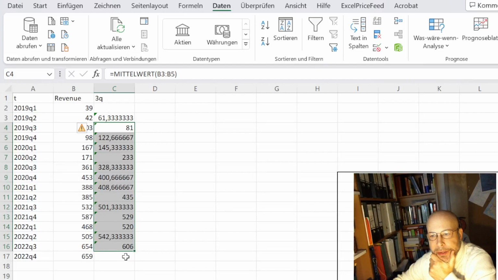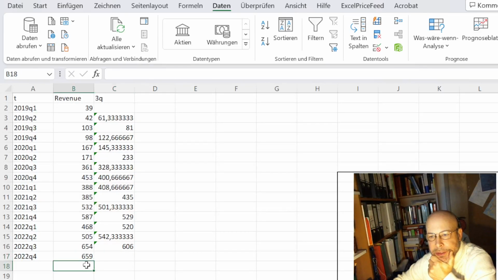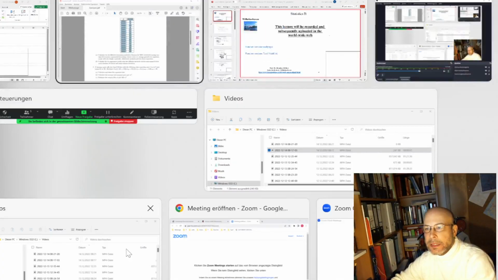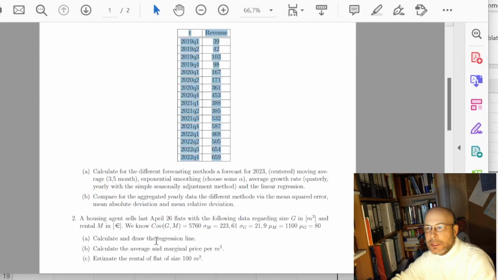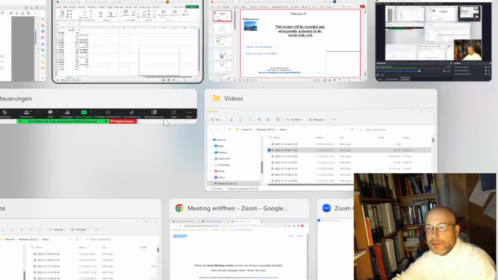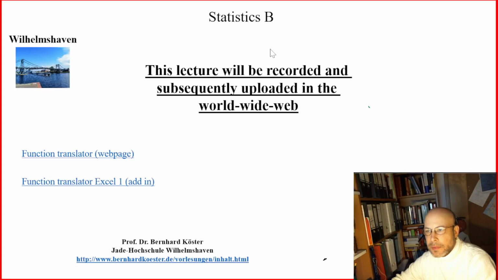Well, if we would apply now our formula in this cell, then of course this cell is missing, and let's have a look into our formula for forecasting with a moving average.